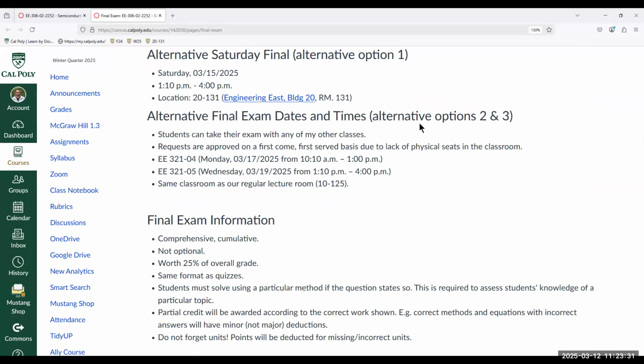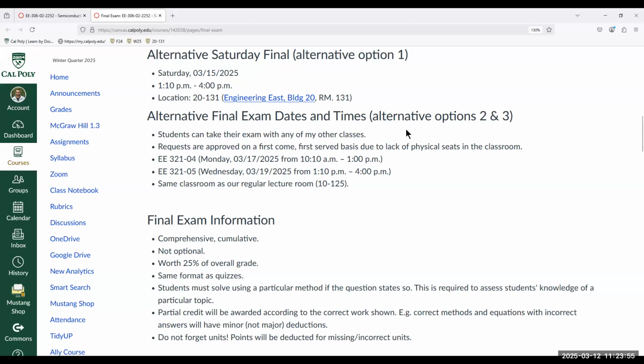So if a student submits a request on Friday afternoon saying that they want to take the exam on a Saturday, that's fine. I just need to know the numbers so I can prepare the exams and print them accordingly. If you do state that you want to take it on Saturday, but you change your mind at the last minute, that is also fine. Just let me know, so that I don't have my count messed up.